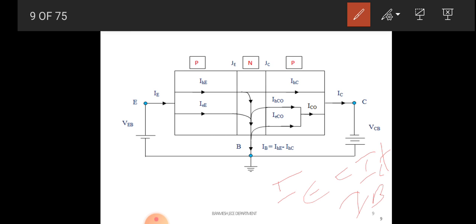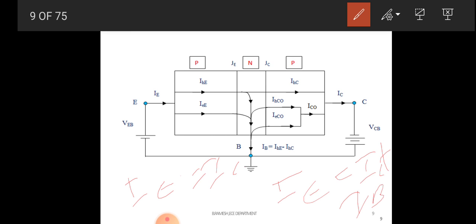Compared to IC, IB is very small, so we can neglect the base current because the base region is lightly doped. Finally we can write IE is equal to IC. This is the transistor current equation.